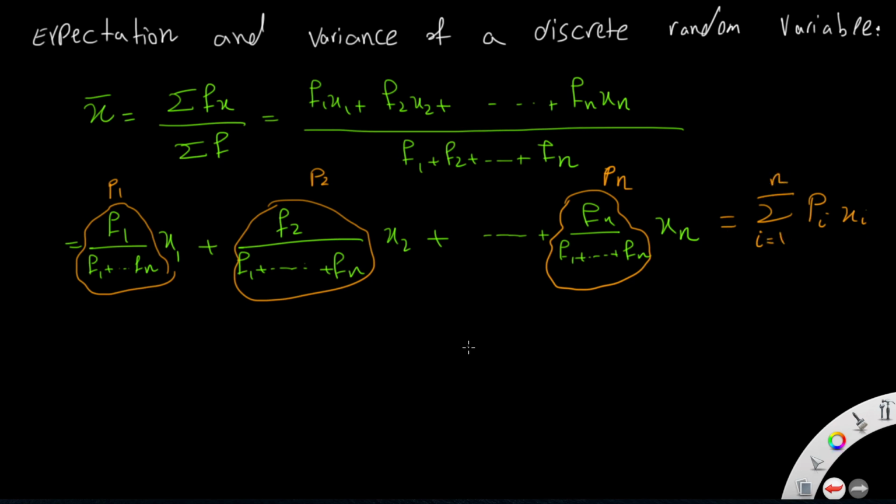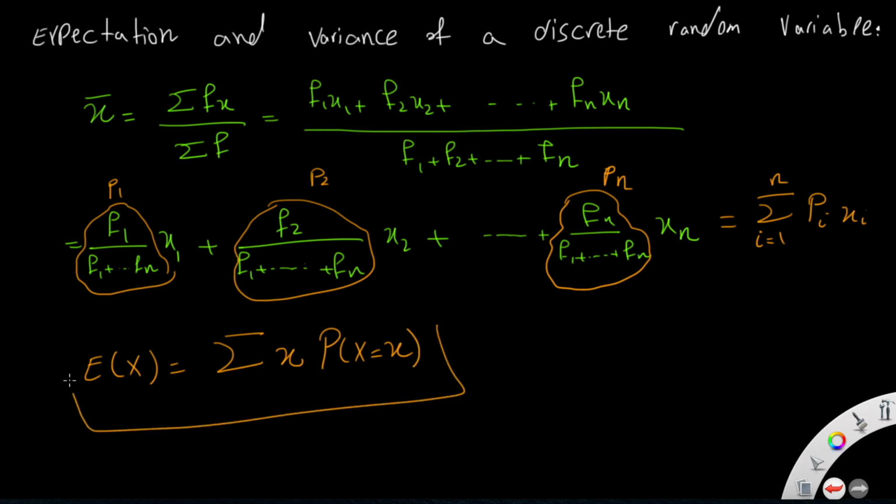Now, in a probability distribution table for a discrete random variable, the mean is referred to as its expectation. So from now on, if you want to find the mean or expectation for a discrete random variable, you can use this formula: sum of x times its corresponding probability on the sample space.